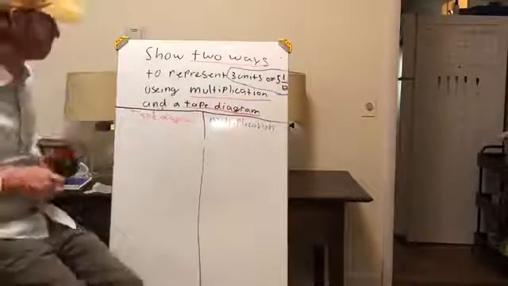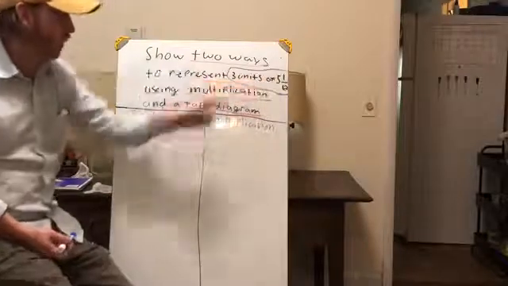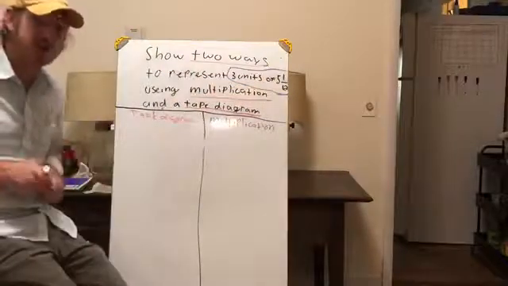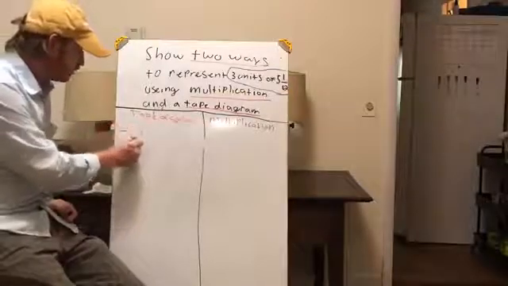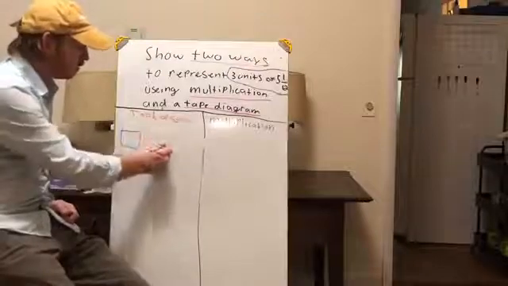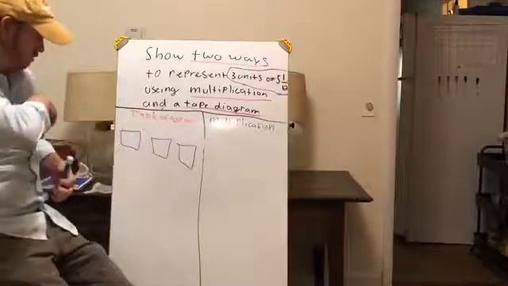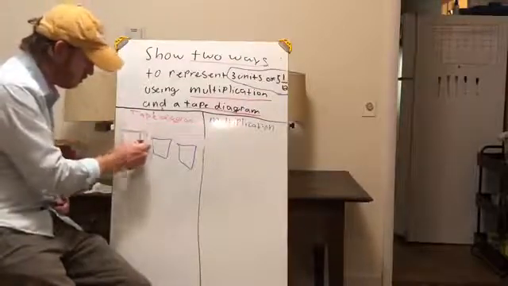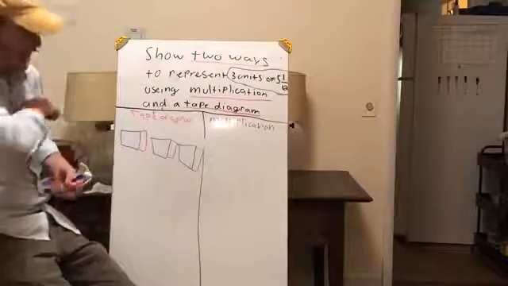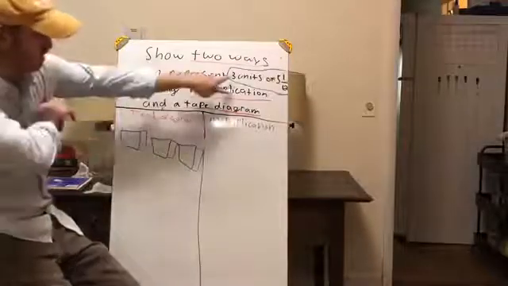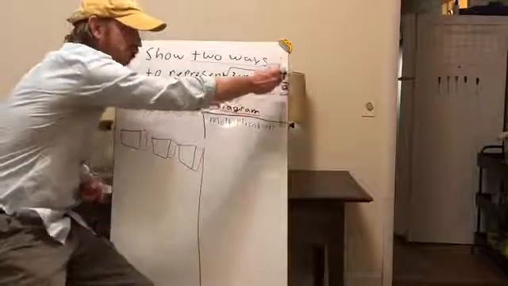Let's begin. So I have 3 units of 5 and 1/12. The first way I'm going to represent that is as a tape diagram. So if I draw it out, it's going to look like this. You're going to have 3 groups, because there's 3 units of 5 and 1/12.